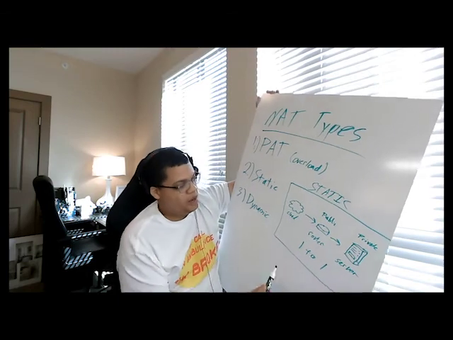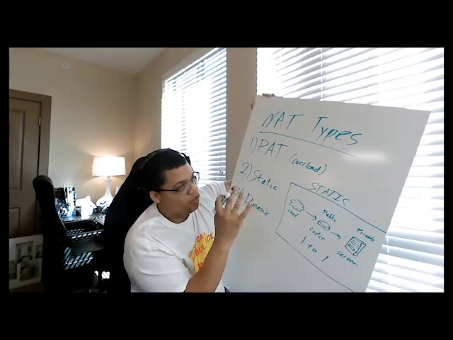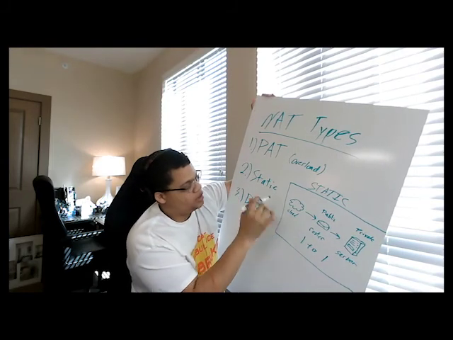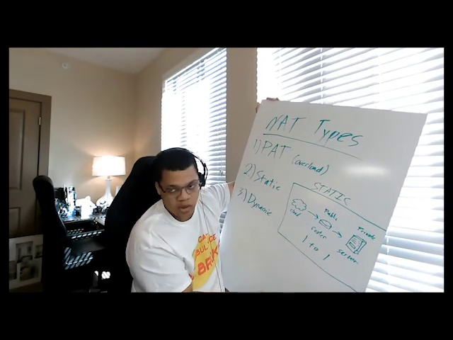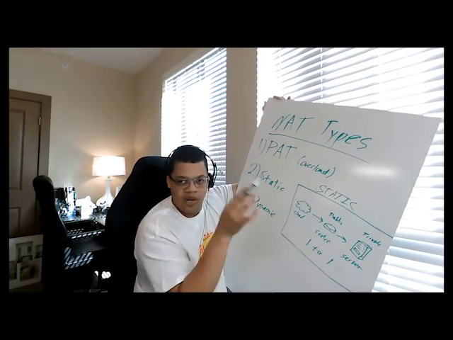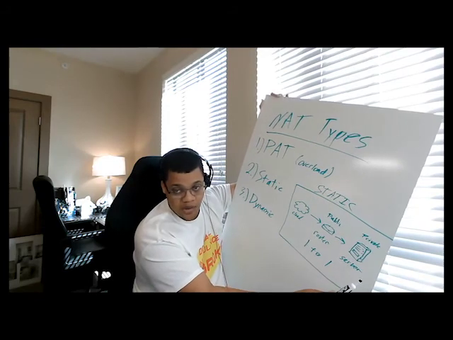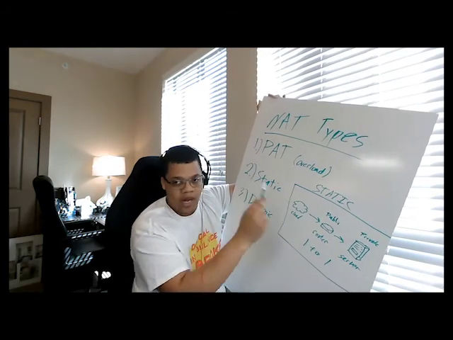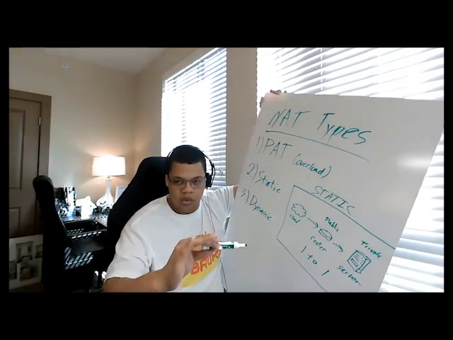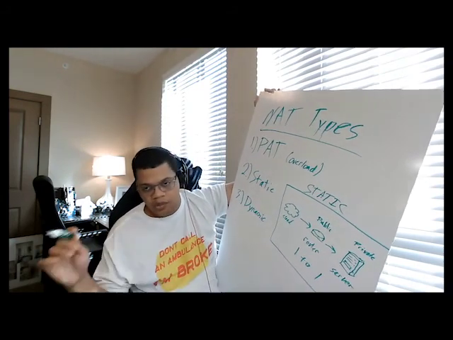So if you have somebody making a request for information to pull from a server, and they type in this public IP address, it goes to the router and only goes to one private IP address. It's just that server. So very similar to PAT, but we're just doing it on a one-to-one scale.